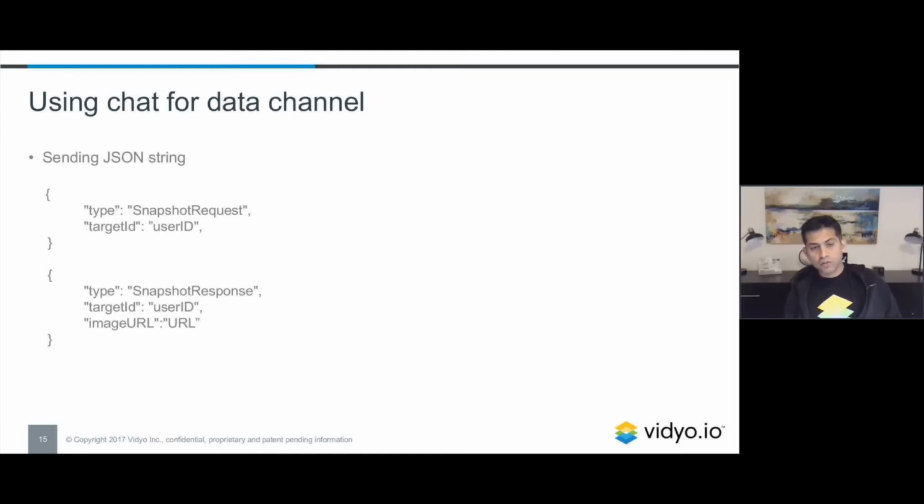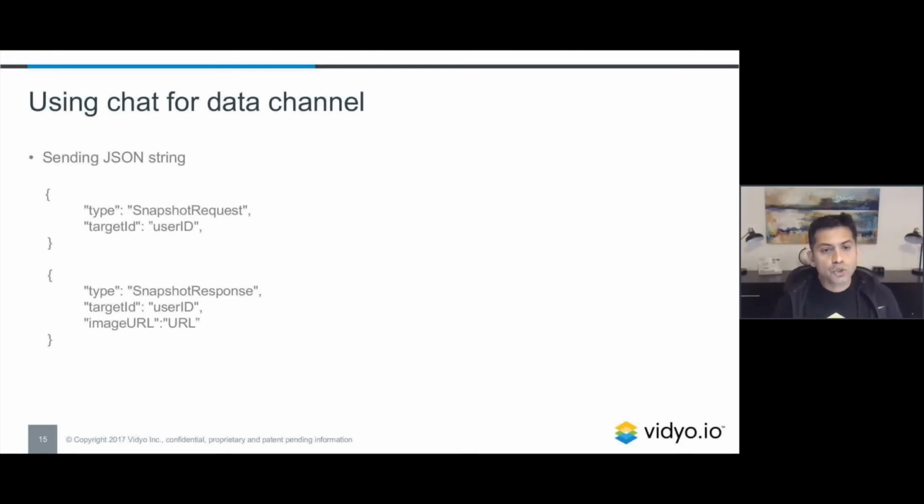The scenario I'm looking at is, say, an insurance company where the claims person is having a talk with the customer, and the customer says, I had this damage, and I'm doing a video conference, and the claims person wants to take a picture of it. So you can send a request saying, I want a snapshot of what I'm looking at right now. And on my application end, I'll take a picture of it and send that file across by uploading it to Amazon and sending a link across. So I can do something smarter in that sense.